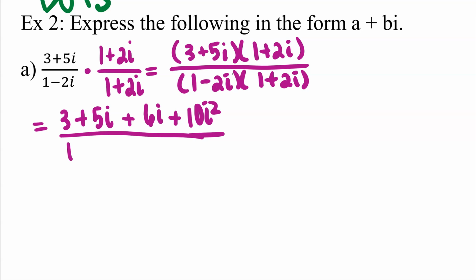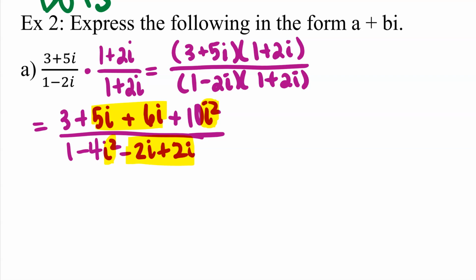So we have 1, we have minus 4i squared, we have a minus 2i, and we have a positive 2i. So the top, I have these two that can be combined, the 5i and the 6i. And then I also have this i squared to deal with. Okay, same with the bottom. I have the i squared, and then I have my like terms.